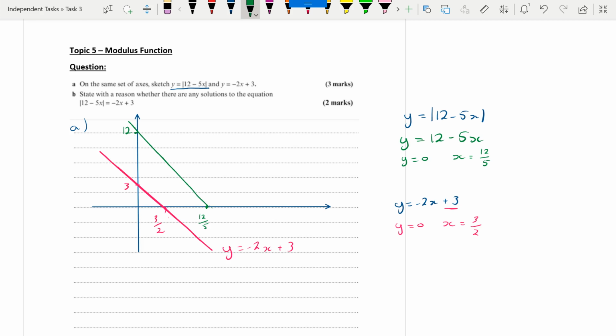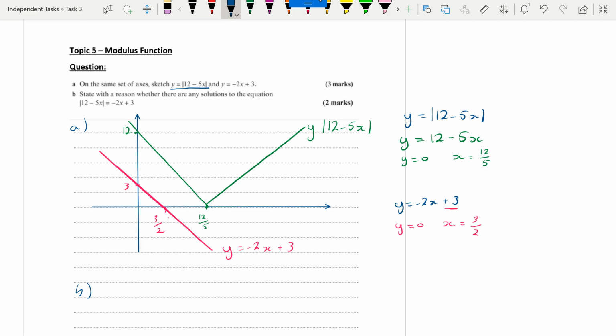It's going to hit my point, and then bounce up in the other direction with the same kind of gradient. Roughly like this. Mine's not very exact, but we can get a grasp of the kind of shape it has. So I've got my two lines there, and that's it.